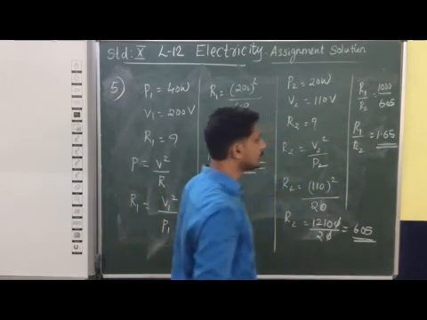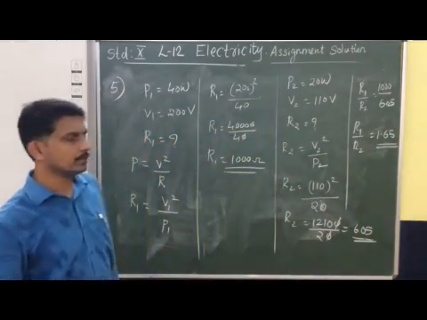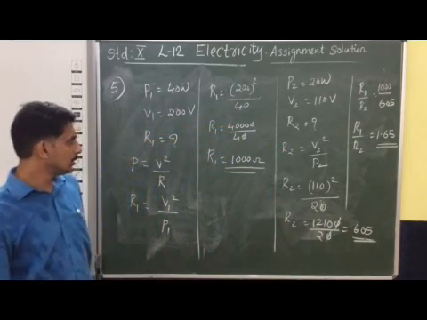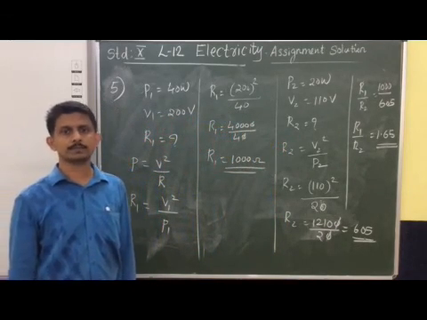That means R1 is to R2 is 1.65 is to 1. So this is the ratio between the resistances.